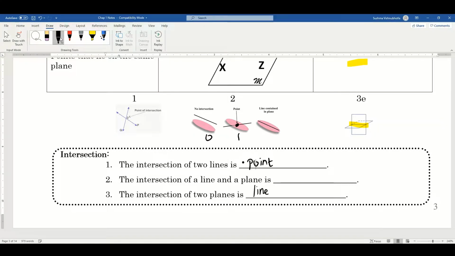So 0 points of intersection, 1. And then a line can be directly on the plane, and then we can say they have infinite intersection points. So the intersection of a line and a plane is, well, depends. I'm just going to put dot, dot, dot. It depends on where the line is and where the plane is. So there's 3 scenarios here.